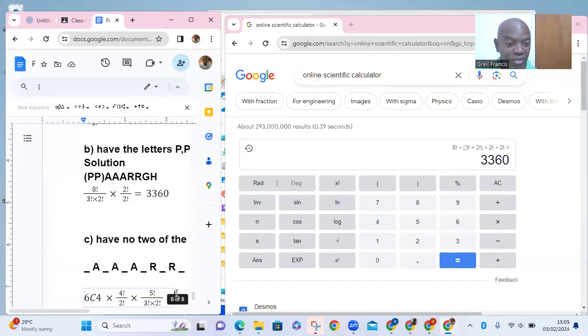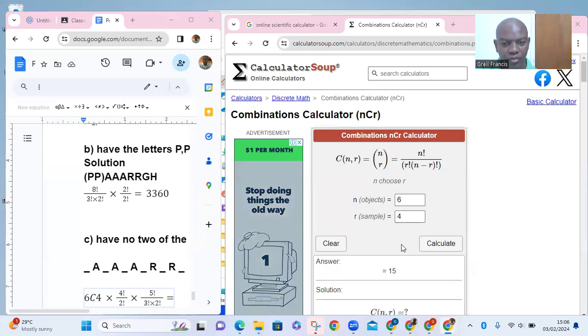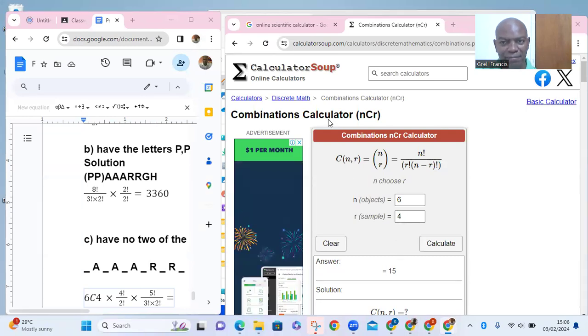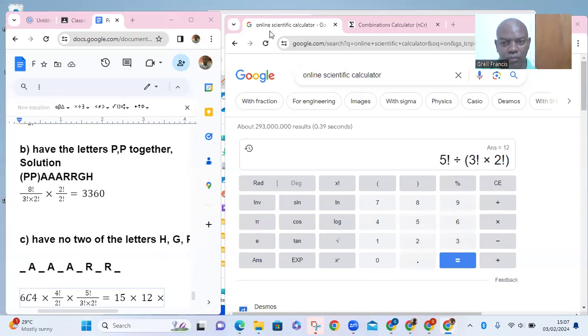So let's look for the combination calculator and factorial calculator. 6 choose 4 is 15, according to this calculator. 4 factorial divided by 2 factorial, that will give us 12, 24 divided by 2. 5 factorial divided by 3 factorial times 2 factorial is equal to 10.